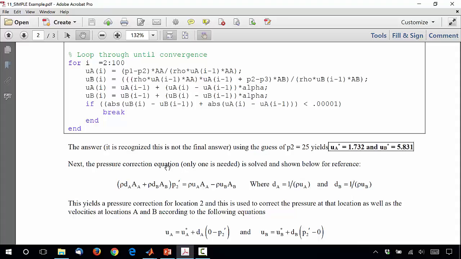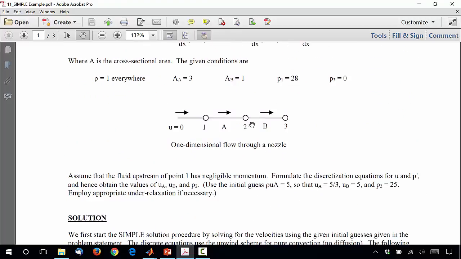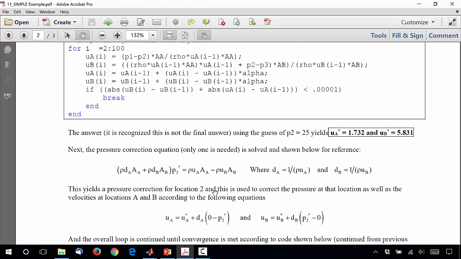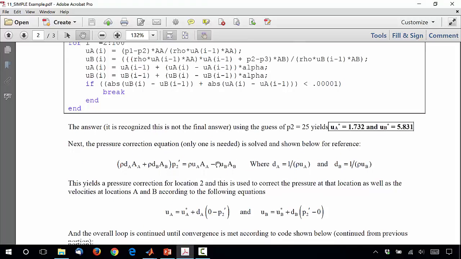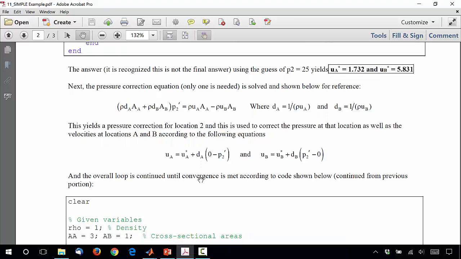So then we need to look at the pressure correction equation. We only need one such equation because we only have one node that we don't know the pressure on, and that's node 2. So we develop a pressure correction equation for node 2, and this is going to give us a correction for our velocities.